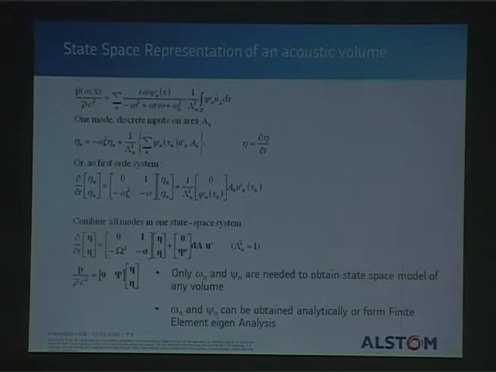I don't need to explain the details, but we have a very structured way to go from finite element to an input-output dynamic description of any volume, no matter what its complexity, as long as it's only described by the Laplace equation. So there's some damping, but no physical damping included, no heat release, etc. So it's only one part of it.